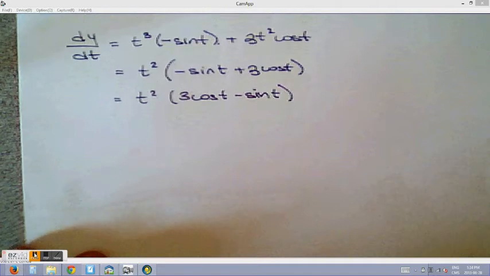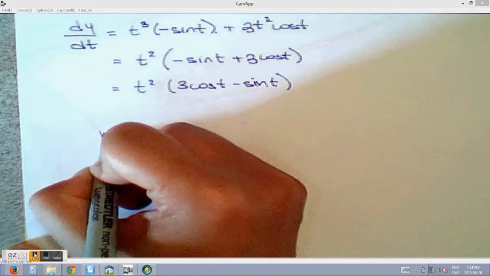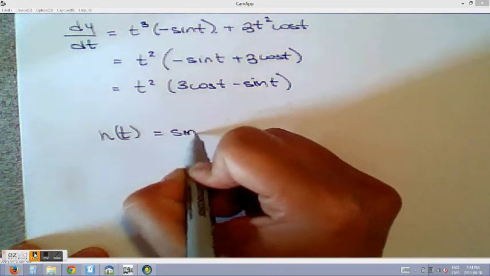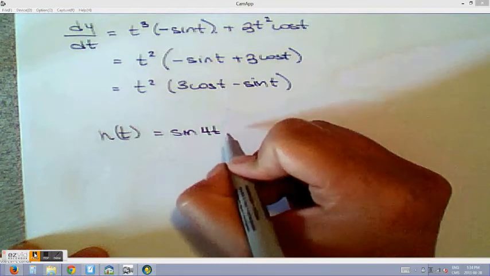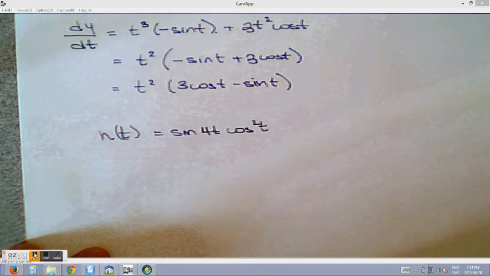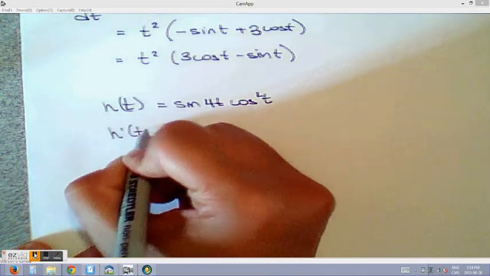Okay, so let's move on to the next one, in which we have h of t is equal to sine 4t, cosine squared t. All right, so product rule, h prime of t.